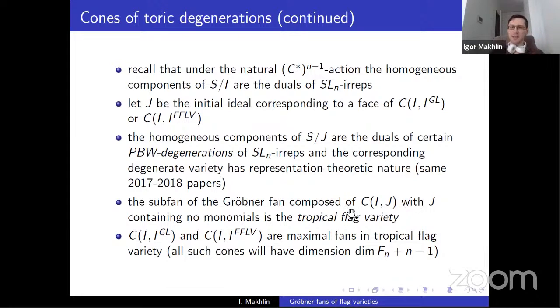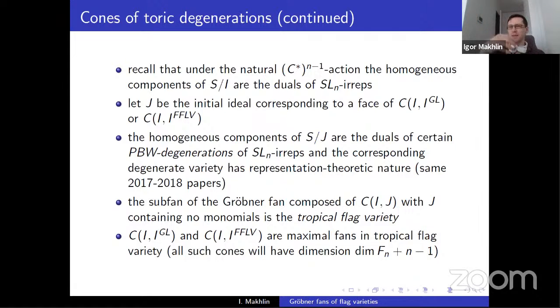It is just a subfan in the Gröbner fan. Each cone in the Gröbner fan corresponds to an initial ideal, and then we can consider those initial ideals which do not contain any monomials. This is some restriction.